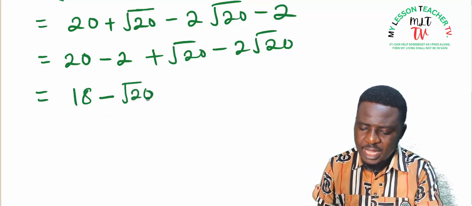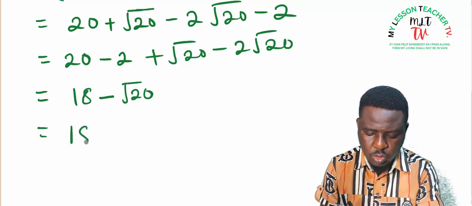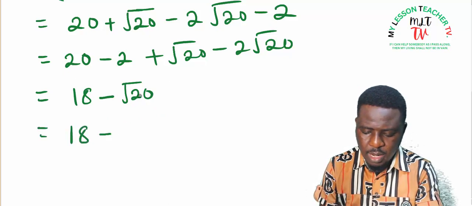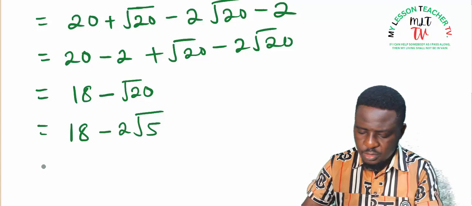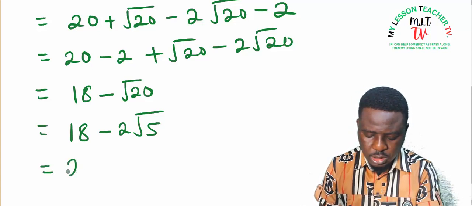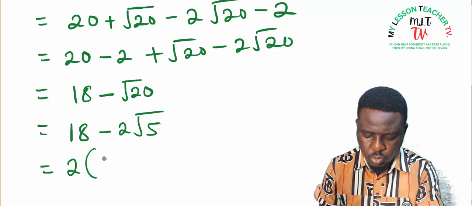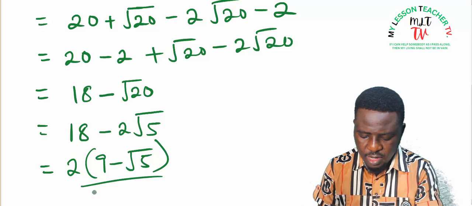So we can simplify root 20 to be equal to 2 root 5. 18 minus root 20 gives us 18 minus 2 root 5. And if you factorize out 2, this is said to be 2 into 9 minus root 5 as your answer.